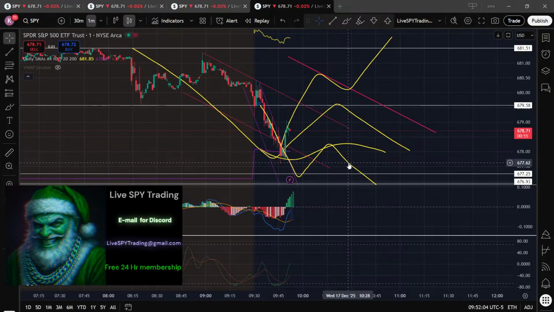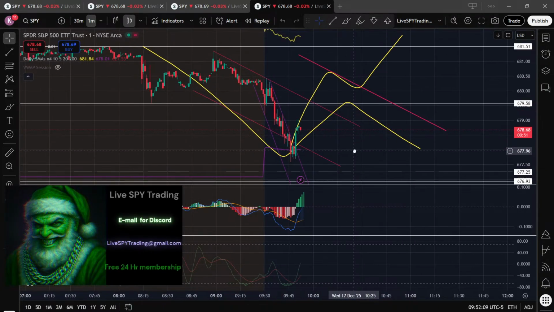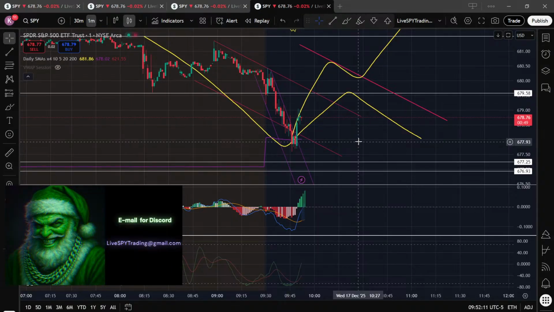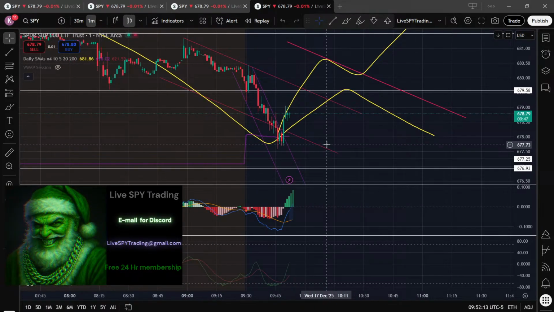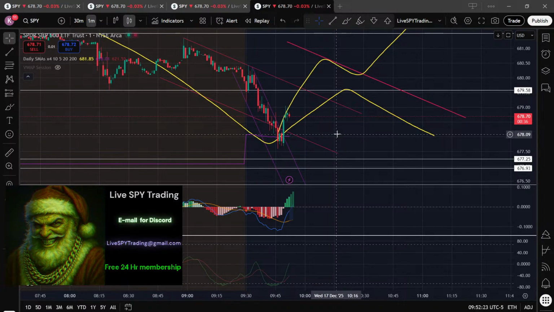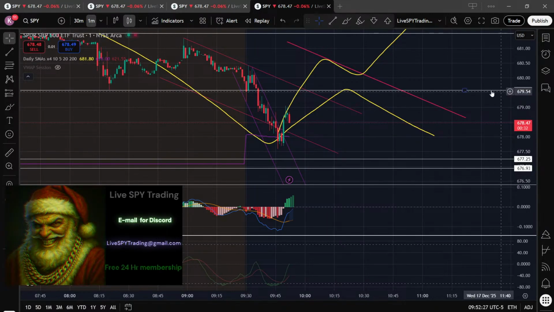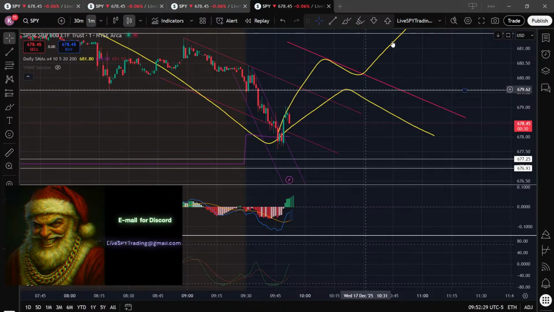I'm just going to clean up the chart just a bit. Let's look to see if 79.58 forms support before we go long.